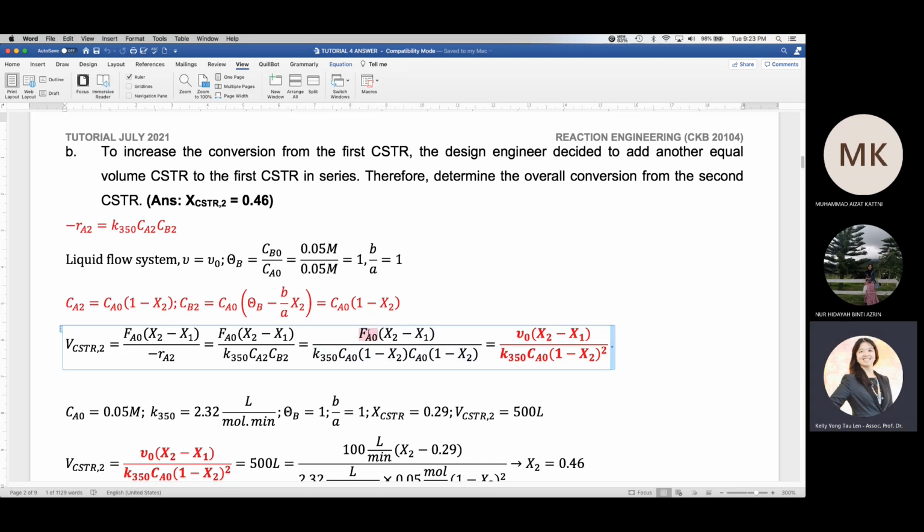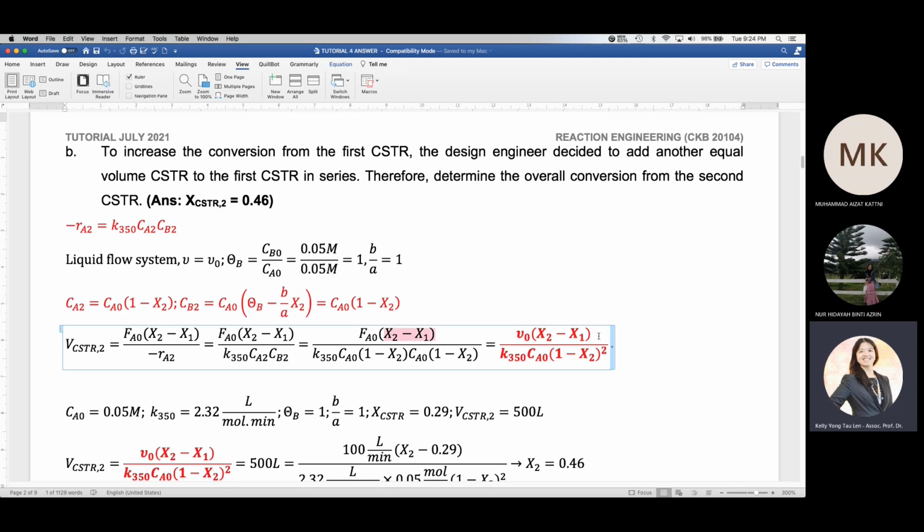Kita boleh bahagikan FA0 at the top with CA0 at the bottom. So why do I divide? If I divide FA0 per CA0, I get V0. So sekarang saya dah tak ada FA0, saya masukkan V0, tapi saya tak masukkan sembarangan. Sebab saya tahu FA0 per CA0 tu saya dapat V0. So V0 di atas. The rest kamu ganti saja macam yang sama.